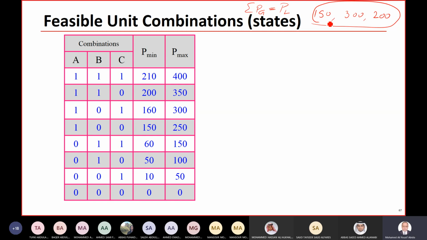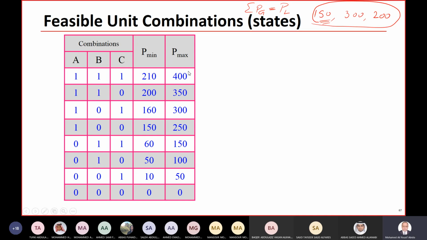So in this case, if you have 150, which combinations would be feasible? For example, this combination, if we run all the units 111, can we cover this load or not? No, it's below, because this load is below the combination's minimum.